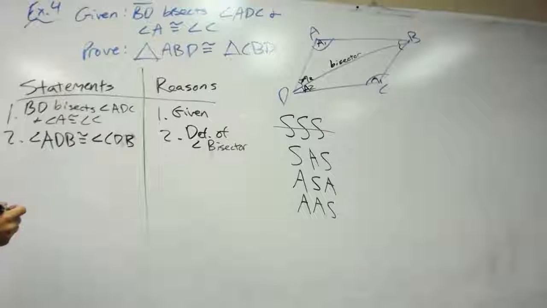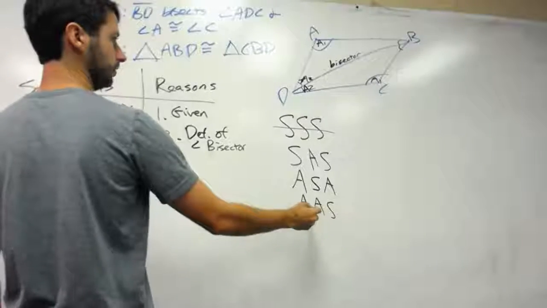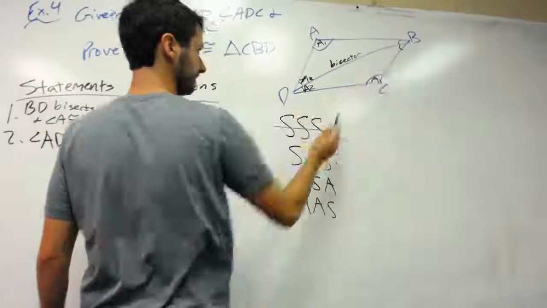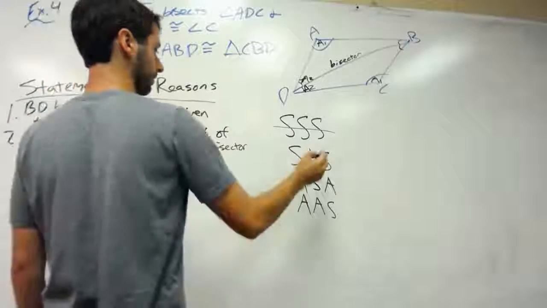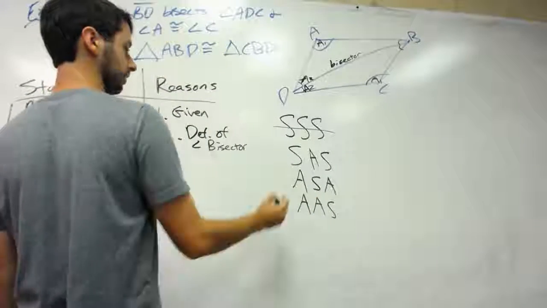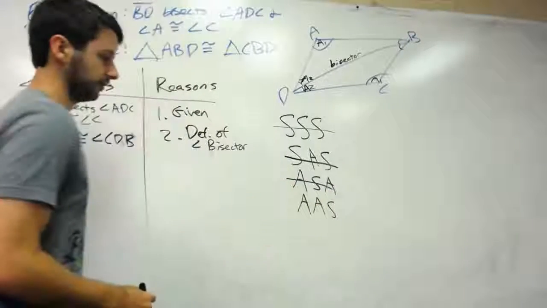Now, what else do we know? We've got 2 angles that are congruent in a row. Do we know that these sides are congruent? Not necessarily. So we don't know that angle side angle will work. We know that we're going to use something with 2 angles. Let's look at this one, angle, angle, side.